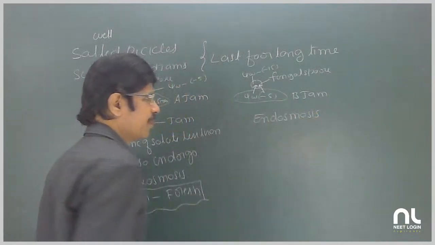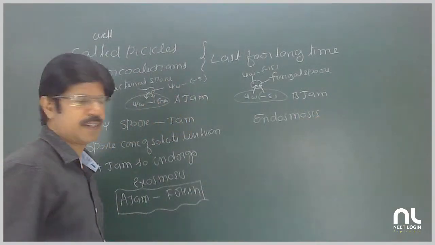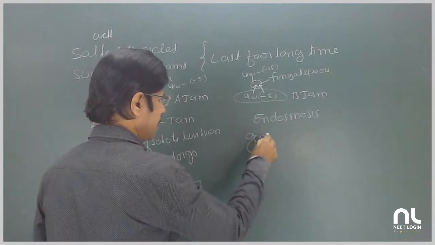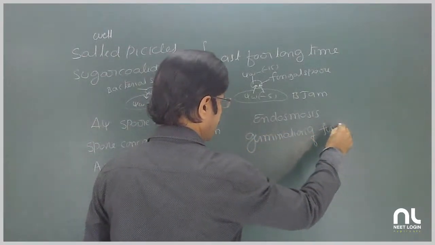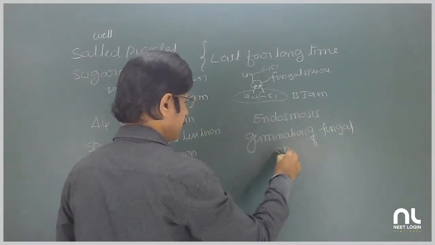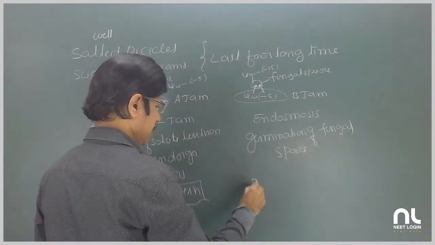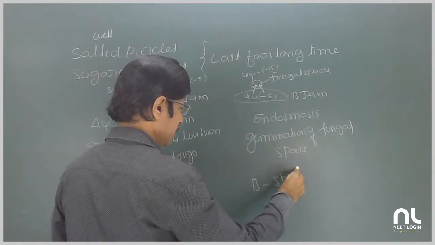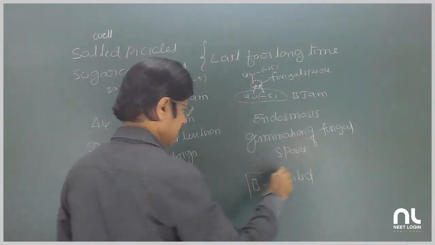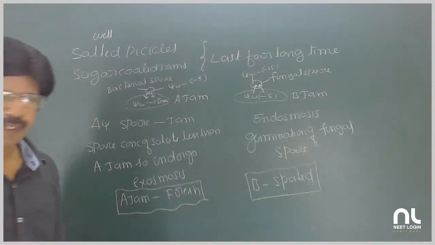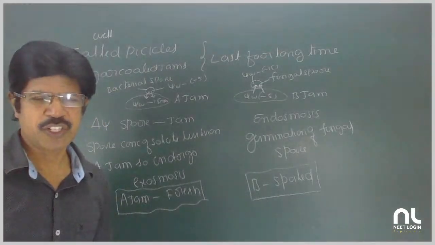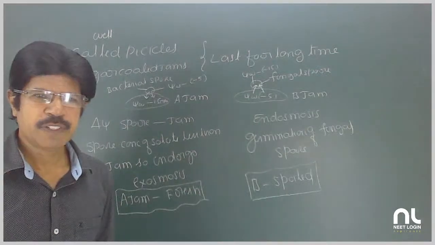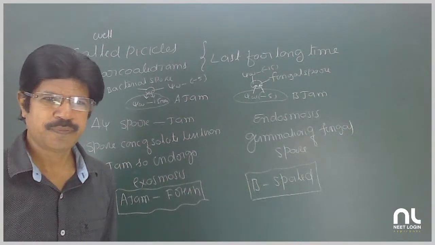Endosmosis, and germination of the fungal spore. B jam is going to be spoiled, because water always moves from higher water potential to lower water potential. Higher water potential means solute concentration must be low.